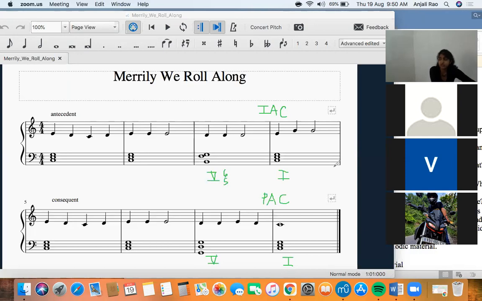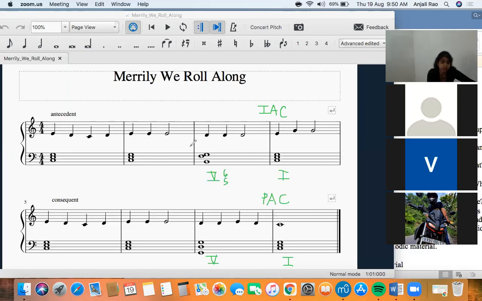Okay, now when you see a cadence, that also implies harmonic motion. So when I'm talking about harmonic motion, just know that if you ever have something that stays on the same harmony, then technically it's not a phrase. So that's that point. Then the final thing is, you know, usually we feel some sort of a resting point at the end. Now, I'm not saying this is the only resting point.